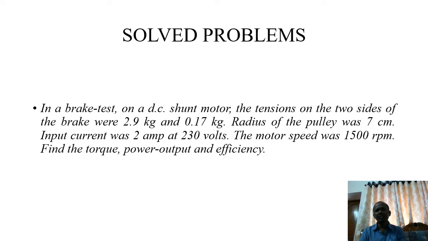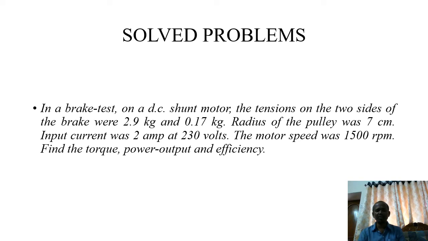Motor speed is also given, that is 1500 rpm. Now you can calculate the torque, power output, and efficiency of the motor. The type of motor is a DC shunt motor. So all of you note this given data. By using the equations, you can calculate torque, power output, and efficiency.